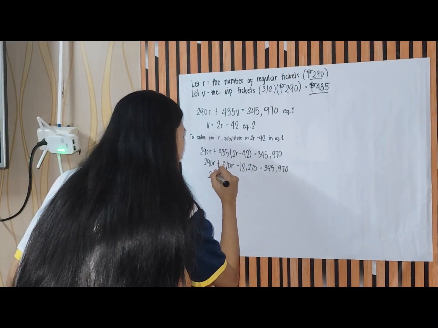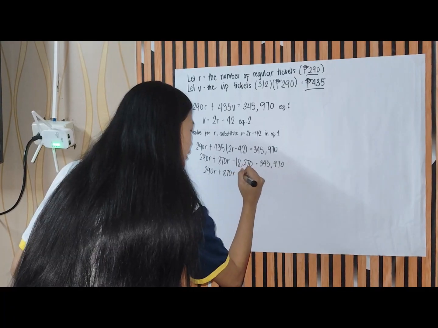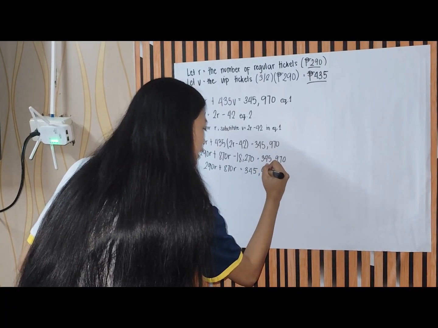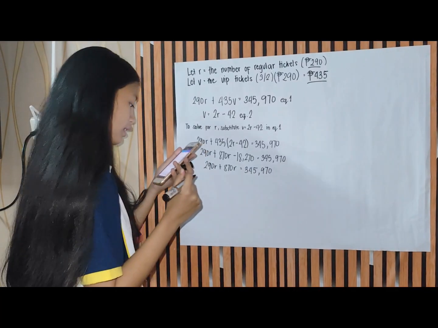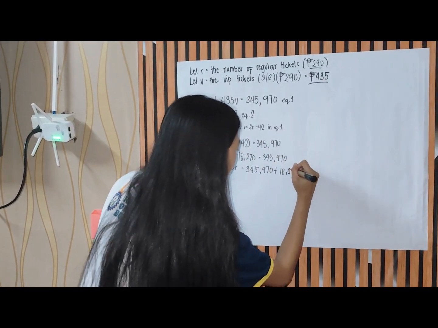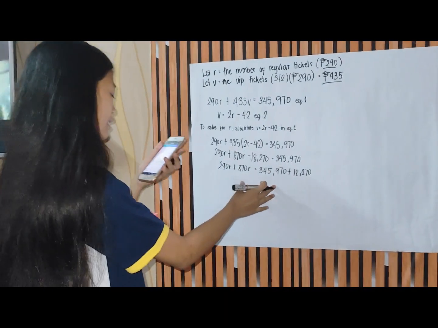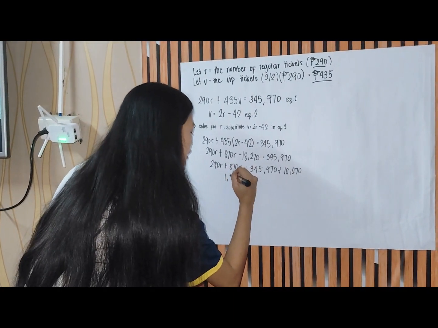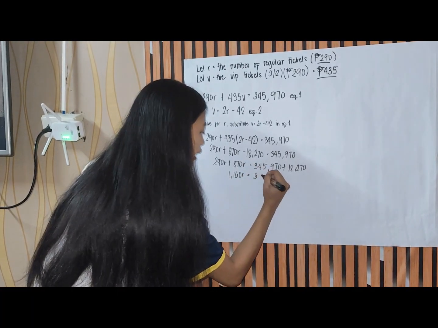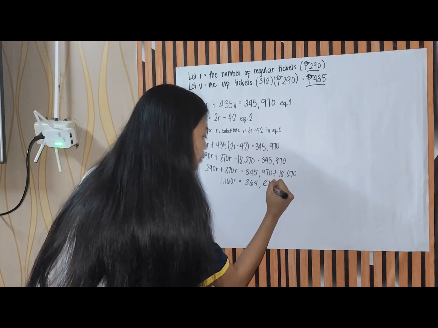So 290R plus 870R is equal to 345,970 plus 18,270. Now let us simplify this further. 1,160R is equal to 364,240.